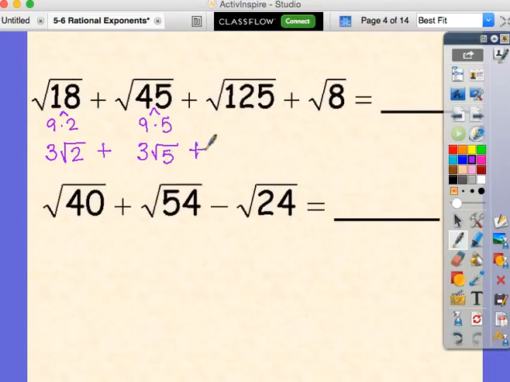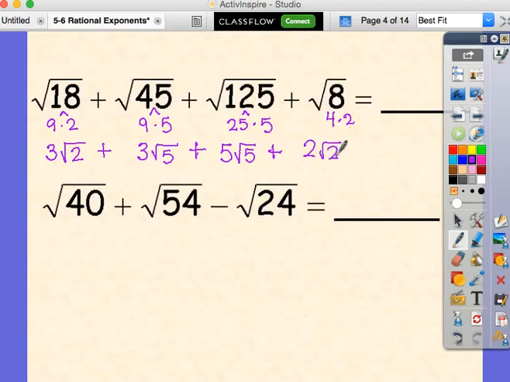Plus the square root of 125 breaks apart into 5 times 25. The 25 comes out as a 5, and the other 5 is left inside. Bring down the plus sign. 8 breaks apart into 4 times 2. The 4 comes out as a 2, and the 2 is left inside.